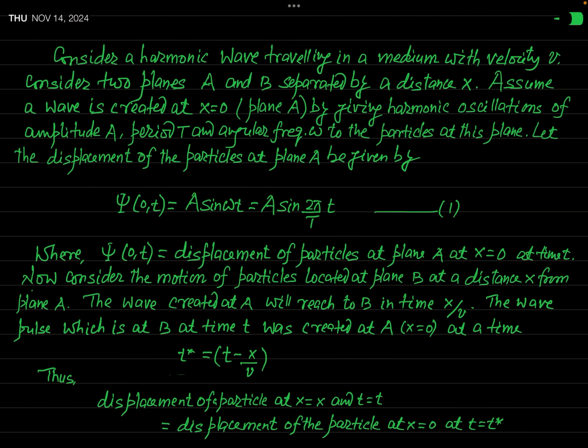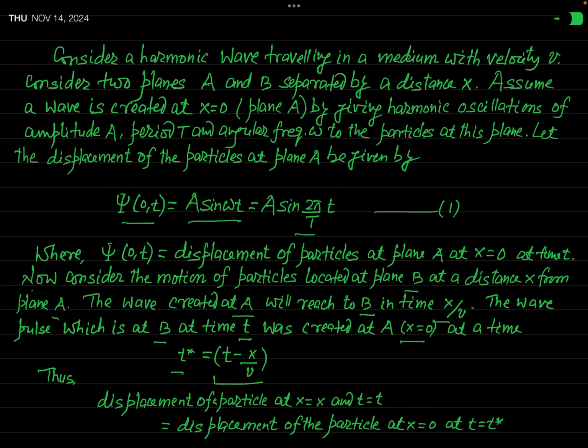You can see I have mentioned all these things here, that psi of 0,t, here x is 0, will be a sine omega t, and instead of omega you can write 2 pi by T. Now, as I have told you just now, consider the motion of the particle located at B at a distance x from A. The wave created at A will reach B in a time x by v, and the wave pulse which is at B at time t was created at x equal to 0 at a time t star, which will be equal to t minus x by v.